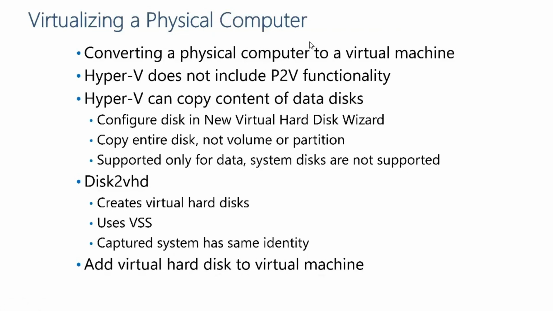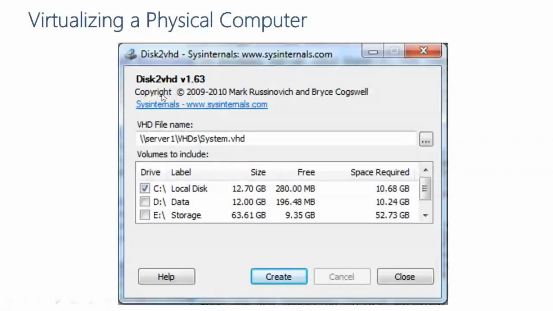Do you want to reinstall, reconfigure everything? Maybe that's the best way actually. Or maybe you can just use the P2V for now before you create various copies of it. So here's a picture of the Disk2VHD converter. This is how you can convert a physical disk to a virtual hard disk.